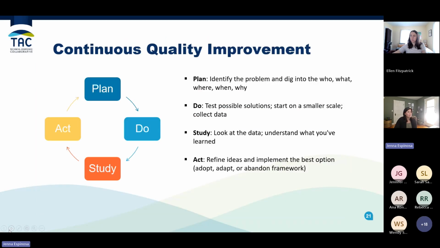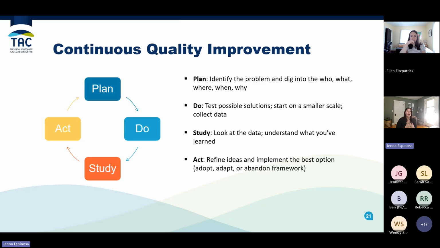Okay. This is a continuous quality improvement model that you may have heard of. It's called the Plan, Do, Study, Act model. And it's just this idea that you don't just make a change and then let it go, especially in a situation where you're implementing in phases. You might pilot certain policies or changes to the environment or services and evaluate how they go.